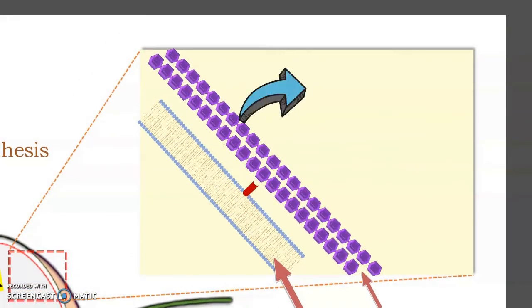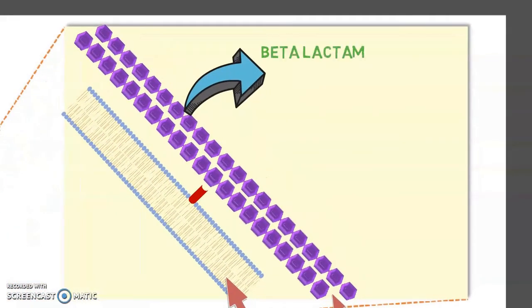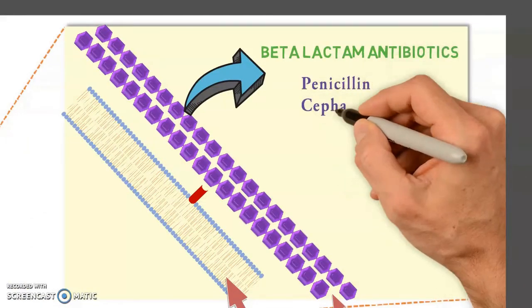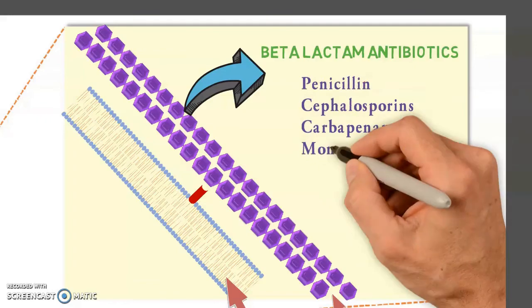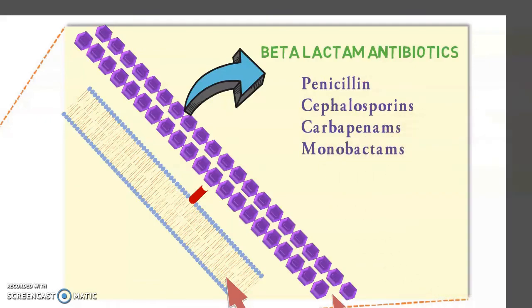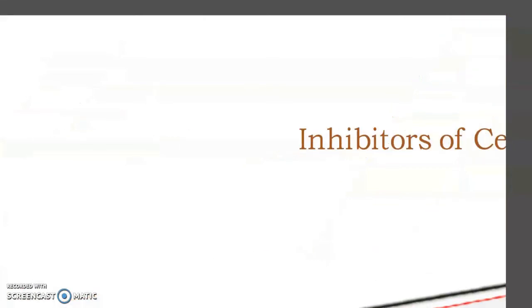The drugs which act on the cell wall and will not allow its synthesis include beta-lactam antibiotics, which include penicillin, cephalosporins, carbapenems, and monobactams. Apart from beta-lactam antibiotics, one more drug is vancomycin.